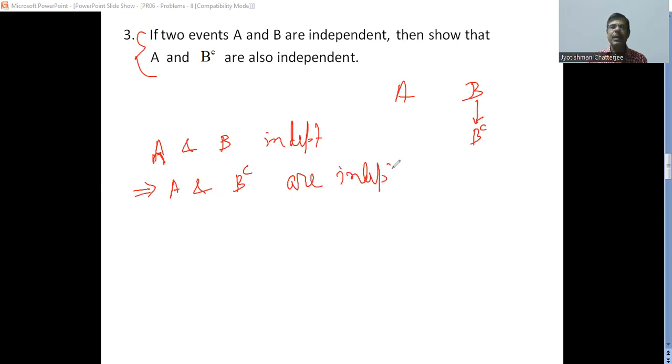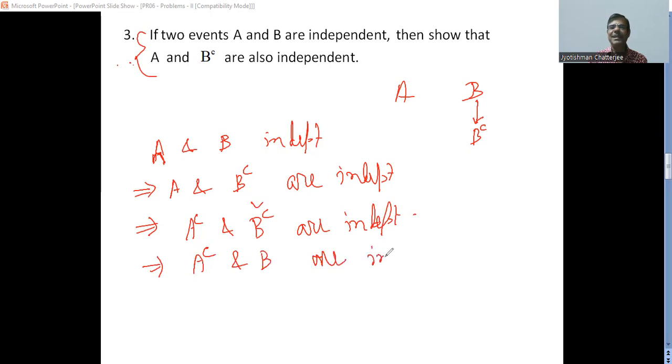And that will give me also A complement and B complement are independent, because now I'm complementing this one by virtue of the same understanding. And again, taking complement of this one, I can write A complement and B are independent. So I don't need to do the algebraic proof again repeatedly for each one of them.